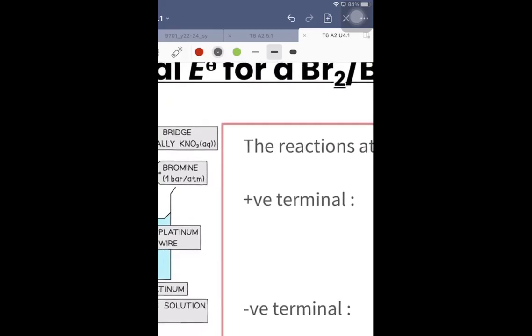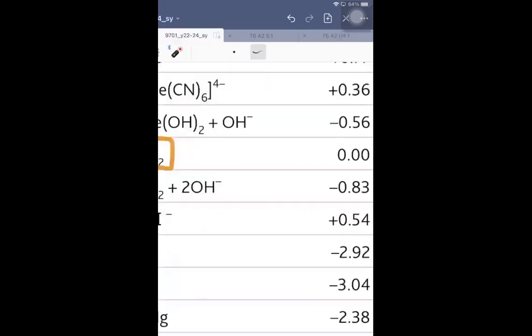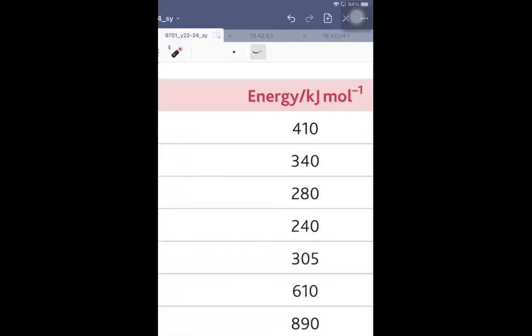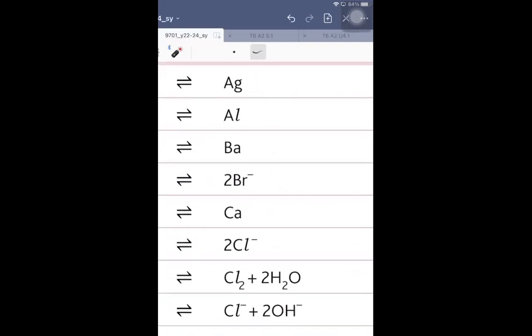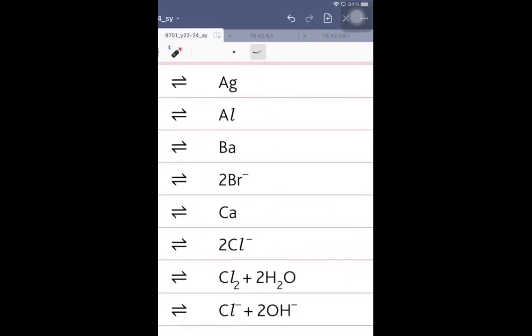Okay, so bromine is supplied in gas state as well. So I have to introduce bromine through this inlet because it is a gas, therefore it must have a standard pressure, which is 1 atmosphere. Bromine half cell is Br2 and Br minus.